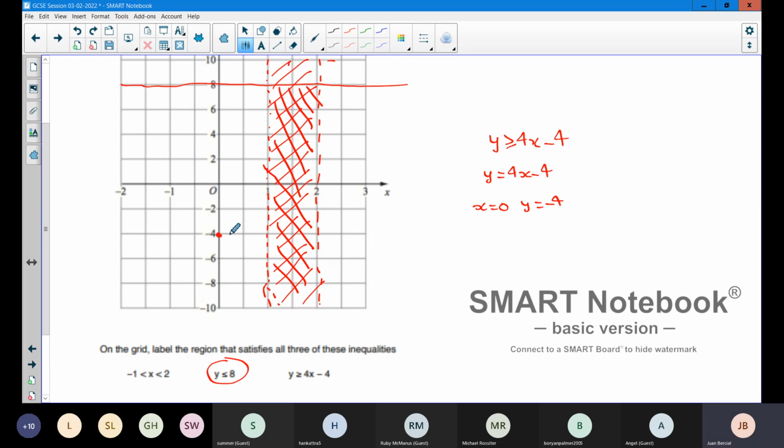And if you want to choose another value, for example, when x is equal to 2, y is 4 times 2 minus 4, which is 4. So we've got the point (0, -4) and the point (2, 4). So I join them together.